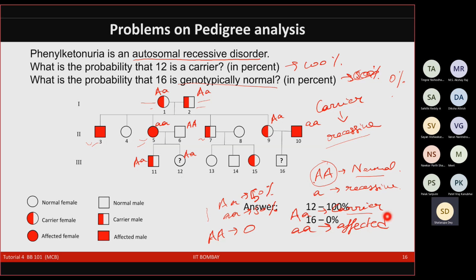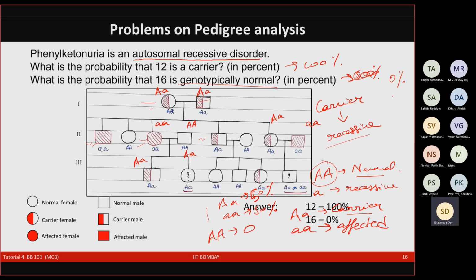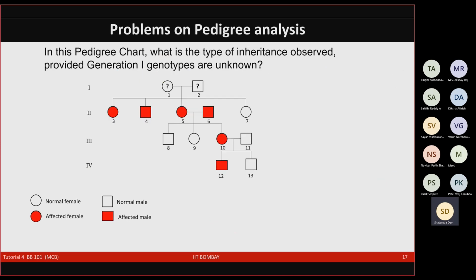All right, moving ahead. In this pedigree chart, what is the type of inheritance observed, provided generation 1 genotypes are unknown? The generation 1 genotype is not known, so by just looking at the remaining genotypes, you can see that in every generation people are getting affected. So by default, this is dominant.